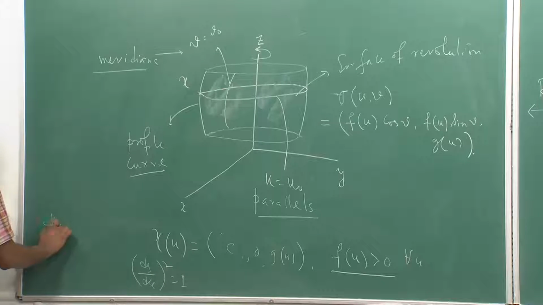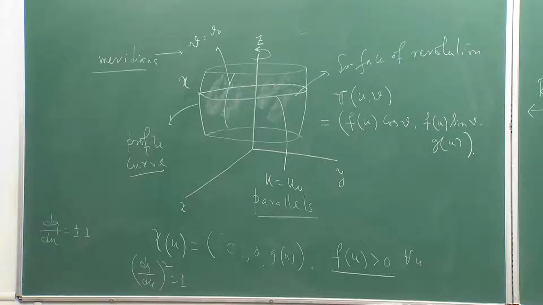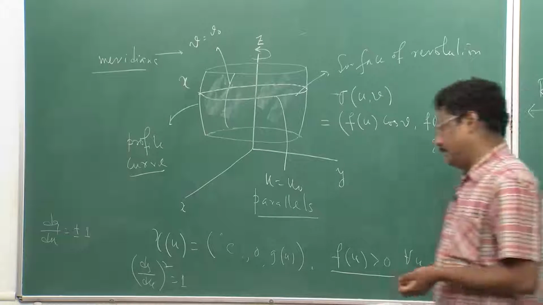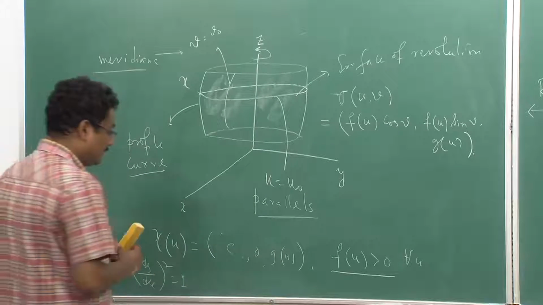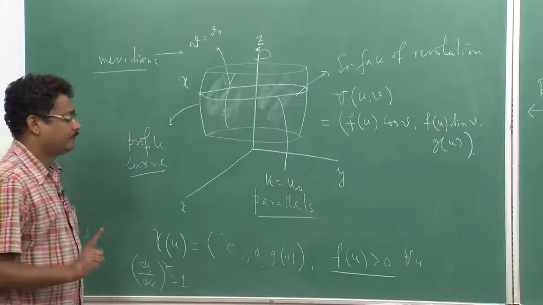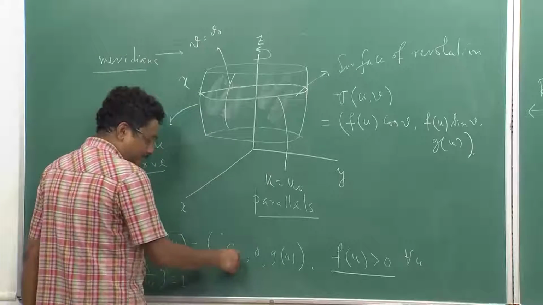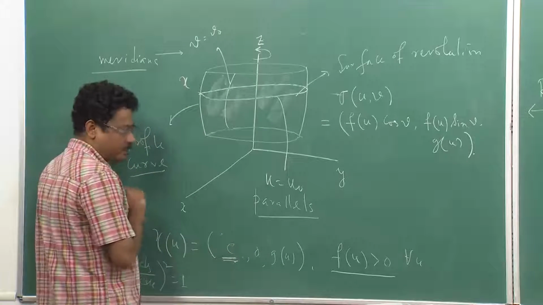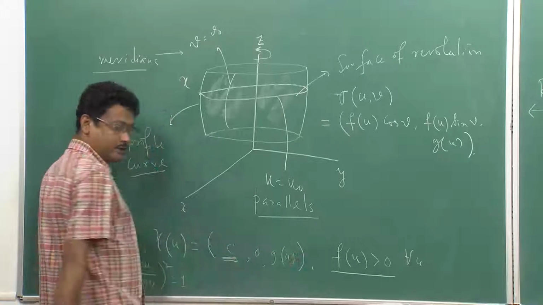So, dg/du equal to plus minus 1. So, g(u) has to be a straight line. So, parallels in general are not geodesics, unless in gamma(u) the first part f(u) is constant and g(u) is just a straight line.